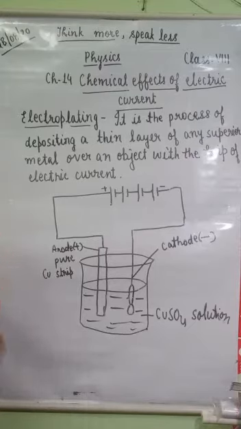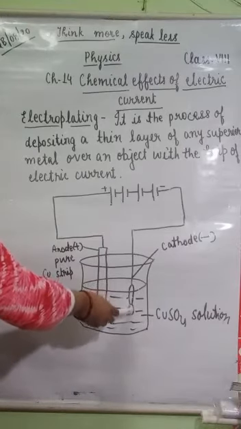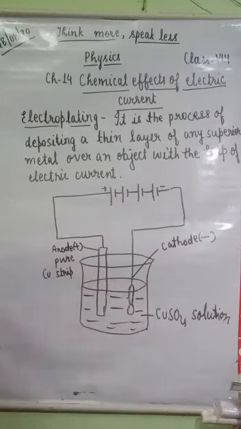After some time, you will see a deposit of reddish brown layer on the spoon. This is the layer of copper that you have deposited on the spoon. So in this way, an iron spoon can be electroplated with copper metal.